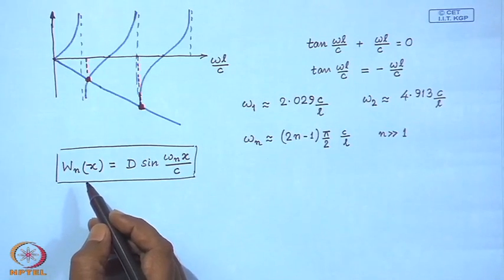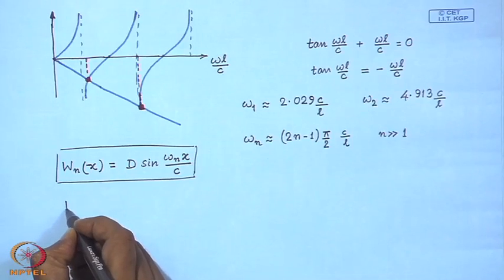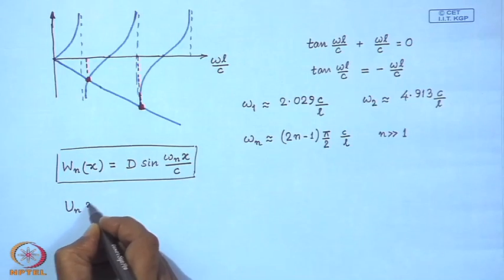Now, we can go back to our original variable u and write the eigenfunctions.